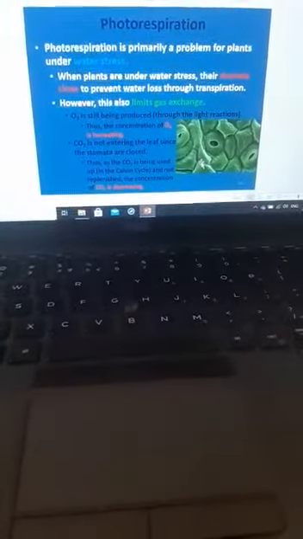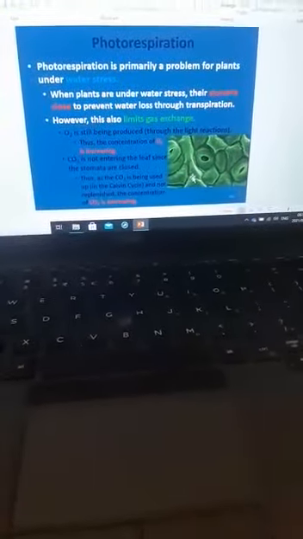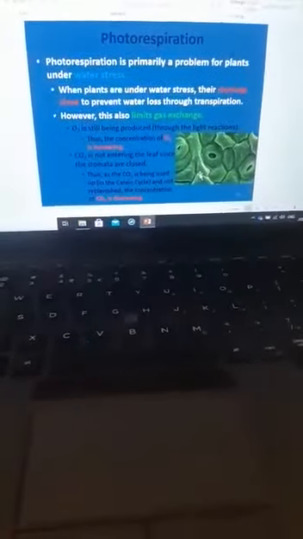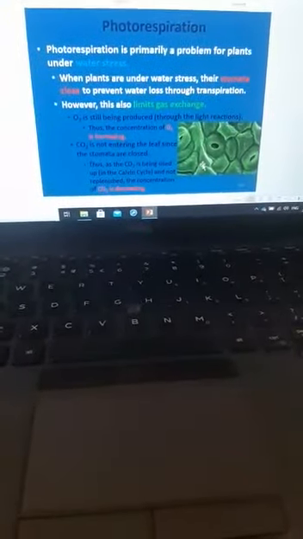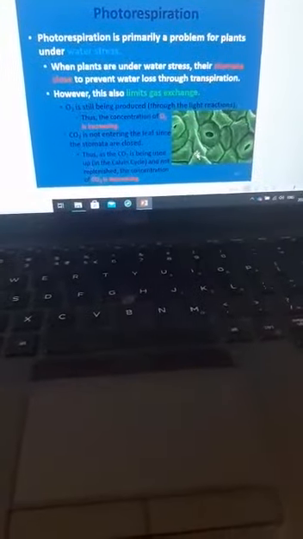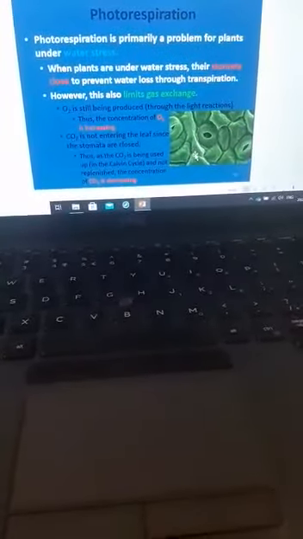So basically, a plant must balance between taking in carbon dioxide and losing too much water. That is a balancing act that a plant must try to do each and every time its stomata open.